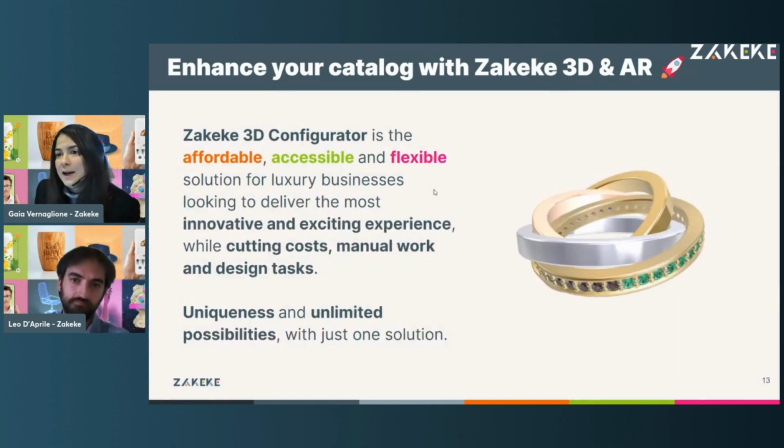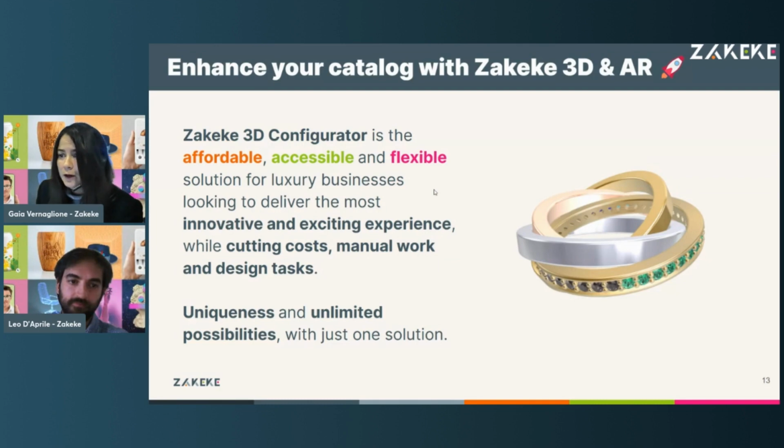Another thing is not just fashion, but luxury goods in general. It could be jewelry, it could be watches, it could be accessories like eyewear. It could be anything that must look good before you actually buy it. So we work with jewelry.